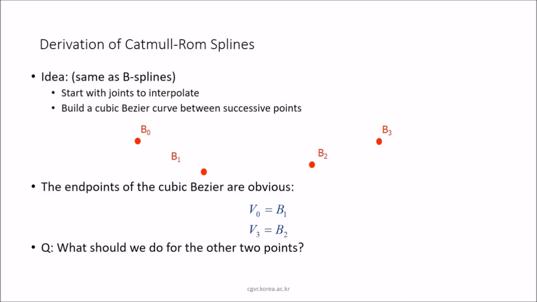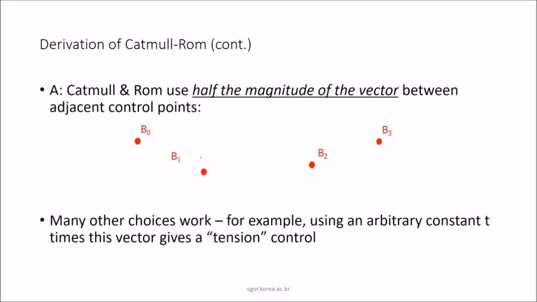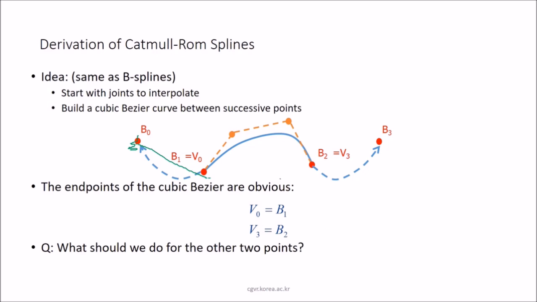This is the derivation of Catmull-Rom splines. The idea is the same as B-splines. Start with the joints to interpolate. Build a cubic Bezier curve between successive points like this. In this, the endpoints of the cubic Bezier are obvious. V0 is B1 and V3 is B2.